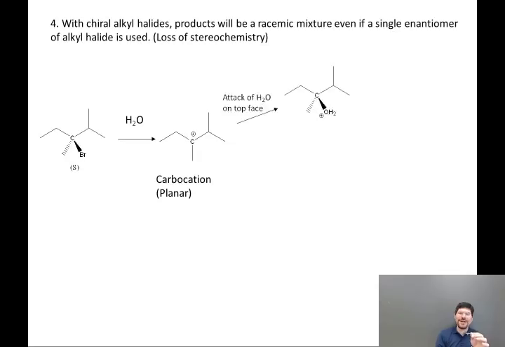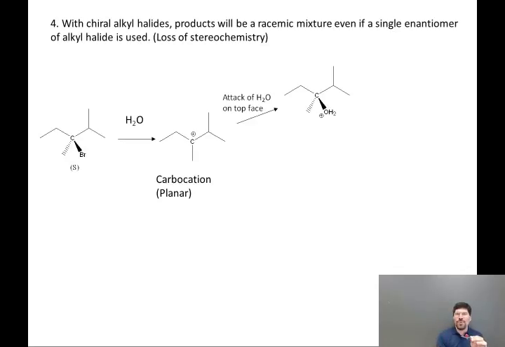Well, if water attacks from the top face, the initial product is that you have the entire water molecule bound to what was previously the cationic carbon, but notice that the water has a wedge on it because it is bound to the top face.